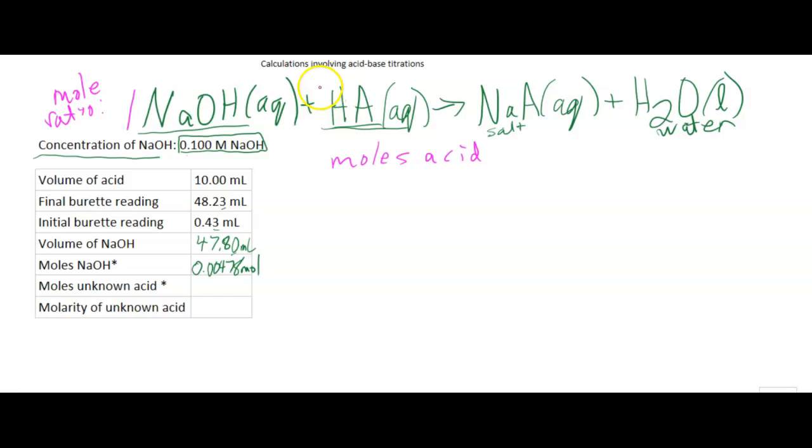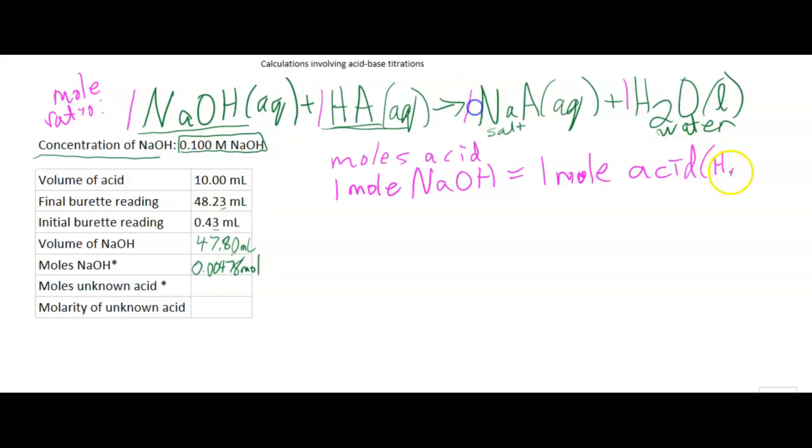So we have a coefficient of 1, 1, 1, 1 throughout there. That means that for every 1 mole of sodium hydroxide, I'm going to have 1 mole of acid. That's my acid, my HA.